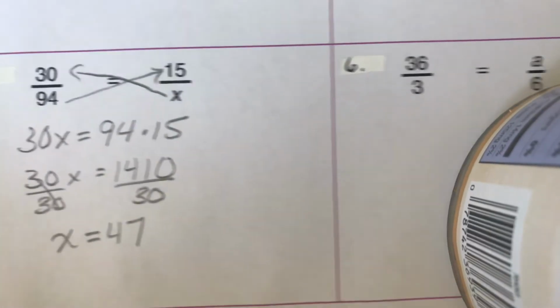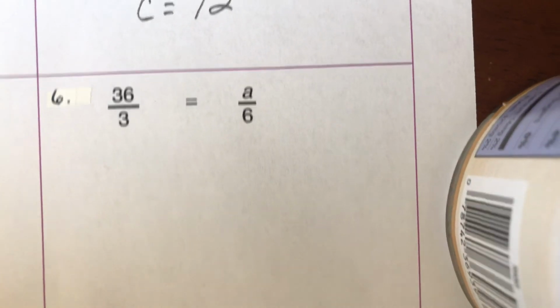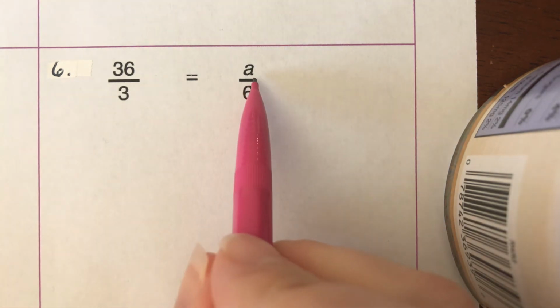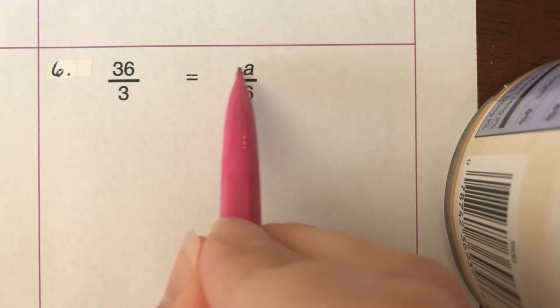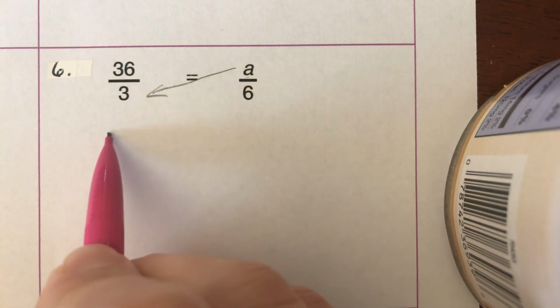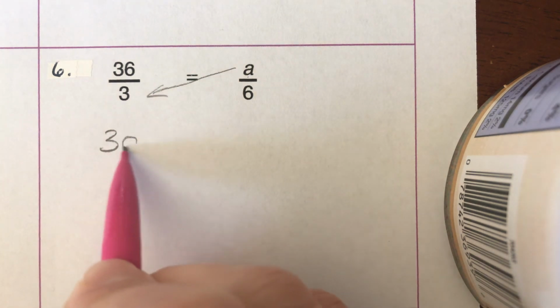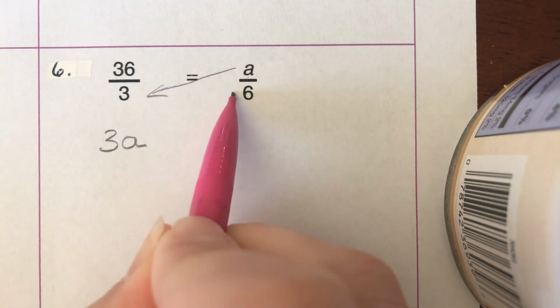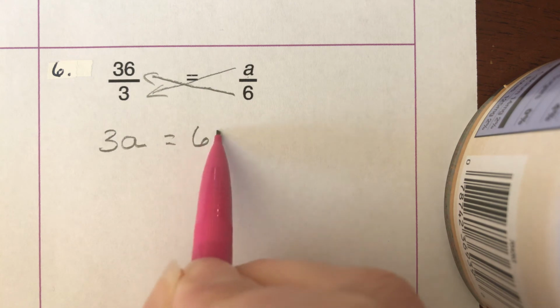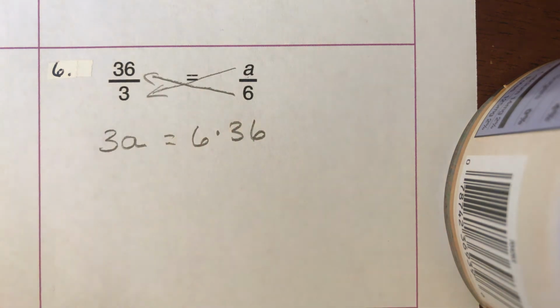All right, we got one more to go. Pause your video, give it a try. Here, my variable is in the numerator. It doesn't matter. We could still start with that variable. I've got 3 times a, which is 3a. And then on the other side, I have 6 times 36.